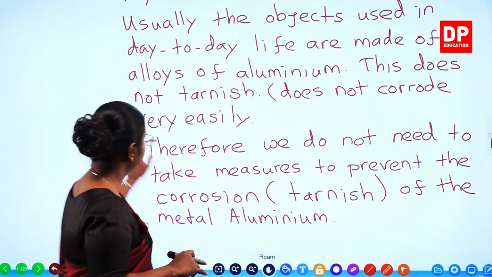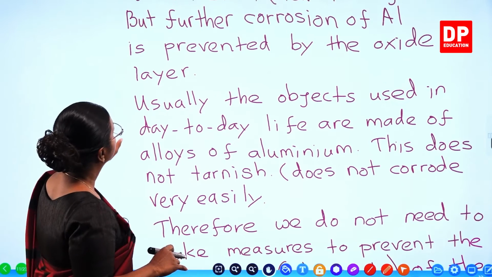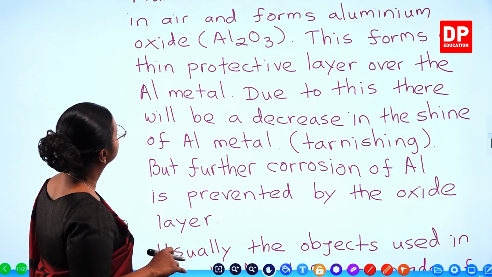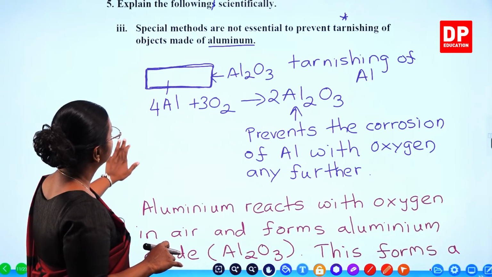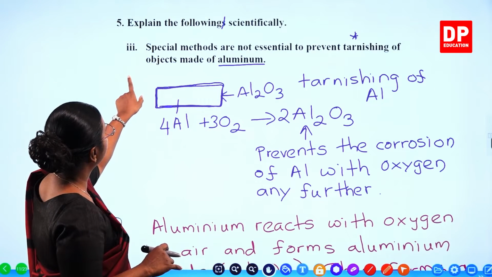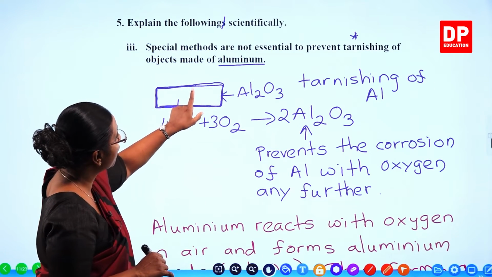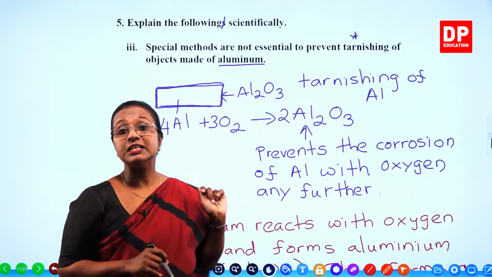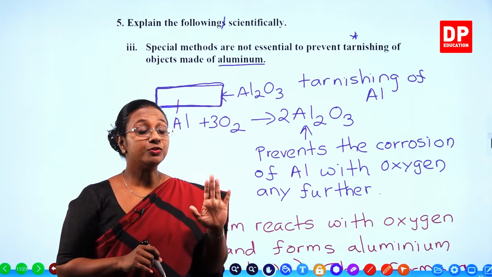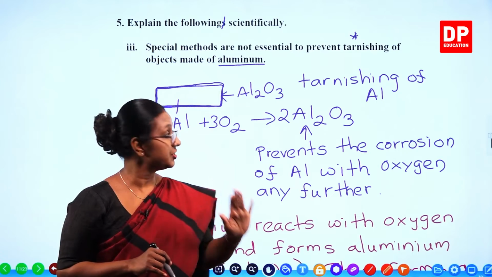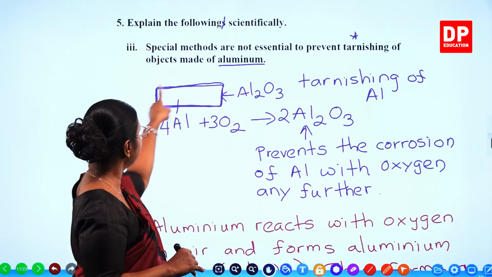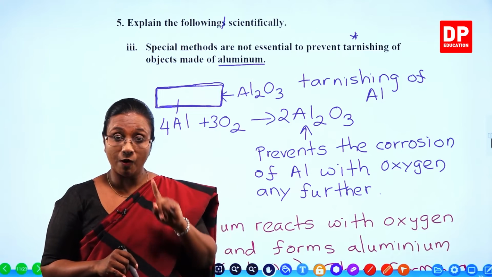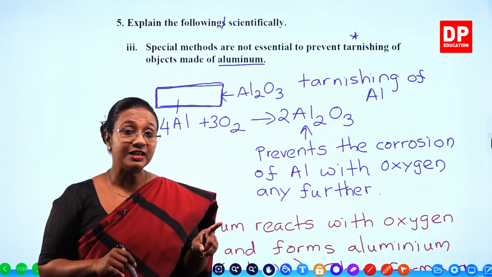According to the question, if we go back, you can see here they have asked special methods are not essential to prevent tarnishing. So as you know, tarnishing is the loss of shine, but that can occur because the aluminium oxide layer forms. It is a protective layer.